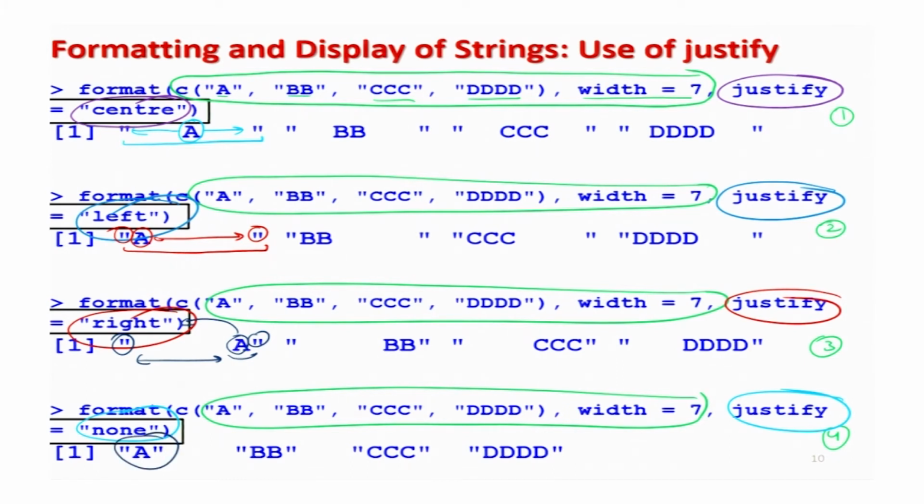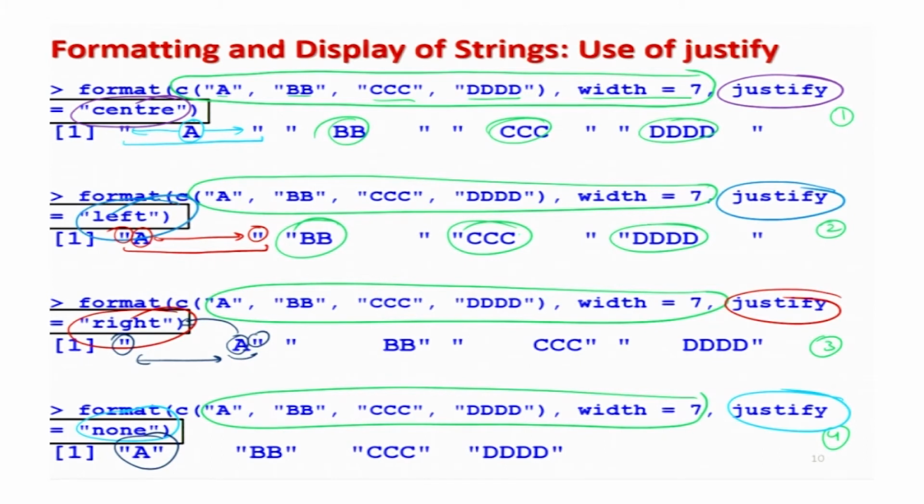So, when you use the option center, all the values are in the center of the double quotes. Similarly, in the second case where you choose the option left, all the values are on the left hand side of the double quotes.